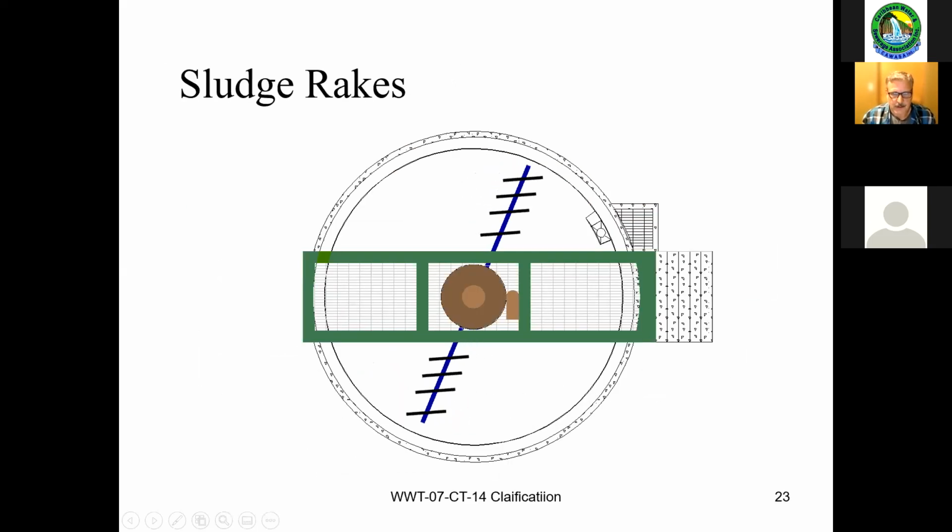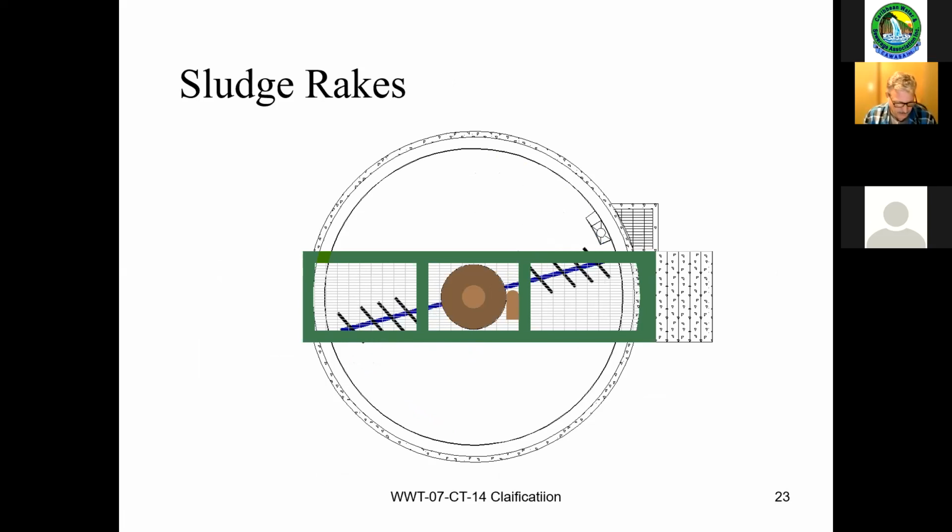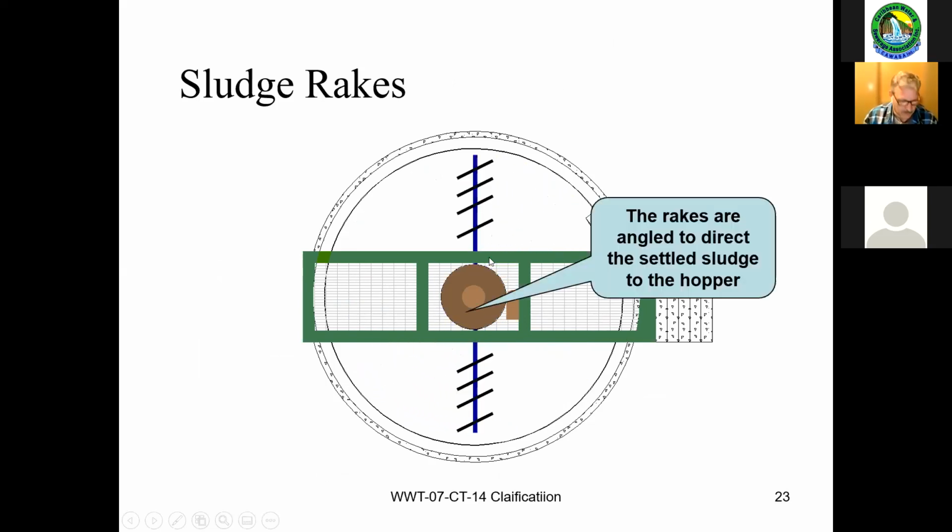Basically, the rakes are angled in a circular clarifier to push the sludge towards the hopper. Rectangular clarifiers have a chain and flight mechanism. In the circular clarifiers we're talking about now, as the influent comes in the center, sludge settles all the way through this clarifier, so it needs to be brought in with the rakes to the center and removed.